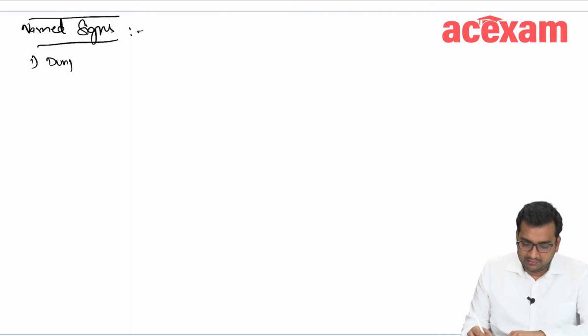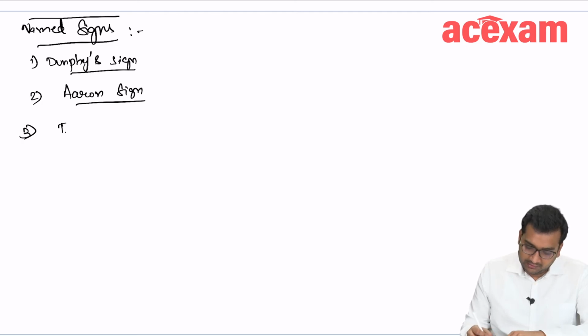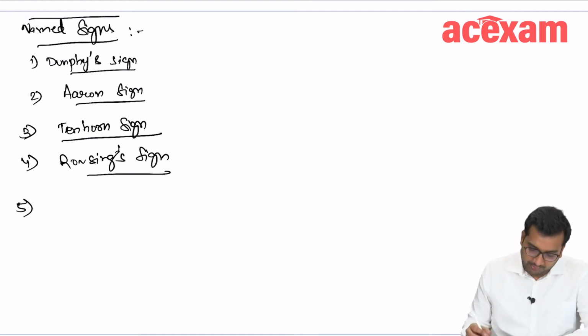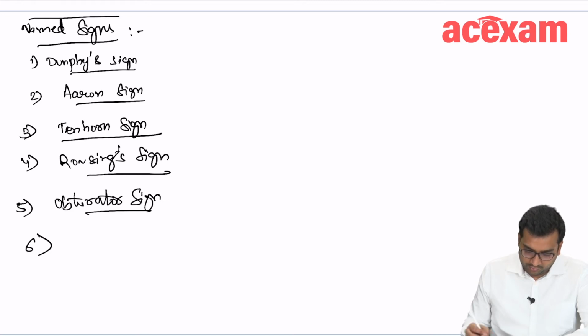There is Dunphy's sign, then there is Aaron sign, there is Tenhorn sign. The majority of them have been asked in the MCQs previously. Rovsing's sign, then there is Obturator sign, and then there is psoas sign.